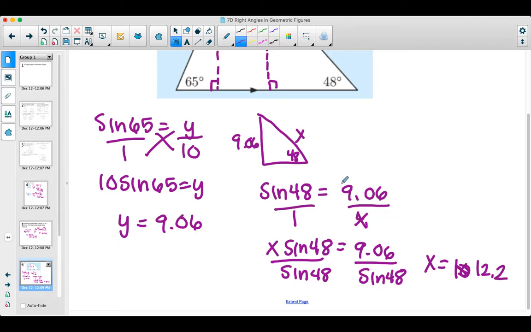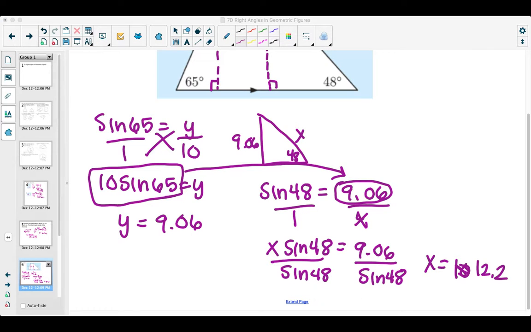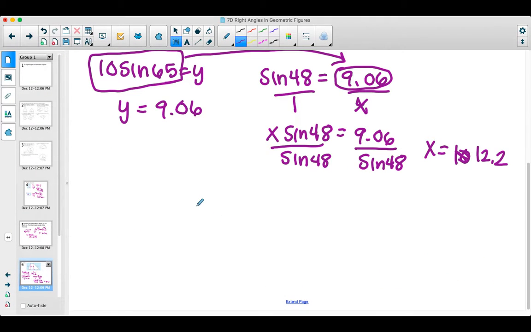Now I will tell you, actually, right here, instead of using 9.06, we should use the exact value, which would be 10 sine of 65, because this was a rounded answer. So when you guys type that in, that's what should go right there. And if you want to see it, let me extend this page here. So we technically could have sine of 48 is equal to 10 sine of 65 over x.